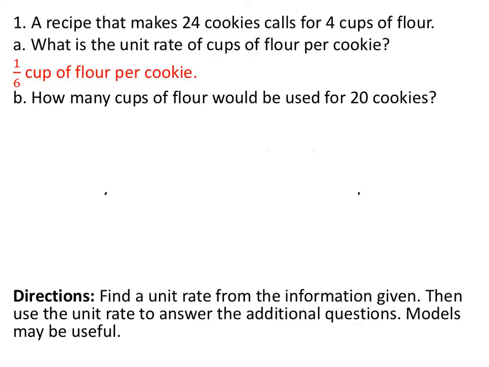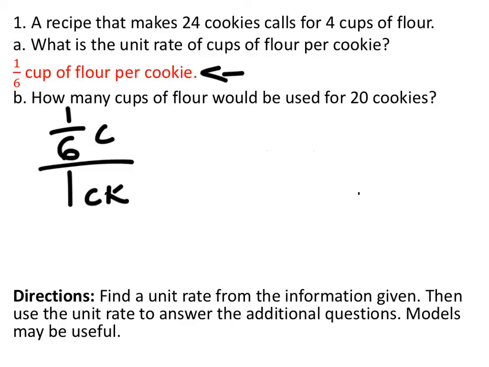Now that we have that, and I've written it right there, 1/6 cup of flour per cookie, how many cups of flour would be used for 20 cookies then? So simply I write this as a unit rate, which you can see right here. If I wanted 20 cookies, I would just multiply 1 cookie by 20 to get the 20 cookies, but I've also got to multiply the 1/6 by 20 as well.